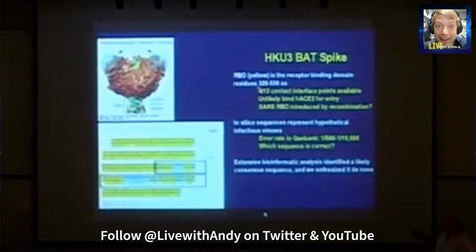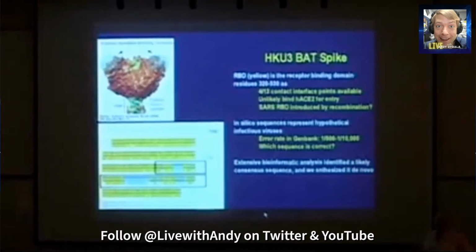In fact, only 4 of 13 contact interface residues are retained in these bat strains. So we don't think it's going to use the human ACE receptor to get into cells. We think we're going to have a tough time culturing this virus. It's also important to note that the SARS RBD has been proposed by a couple of groups to have been introduced by recombination from unknown strains that haven't yet been identified, and that led to the initial cross-species transmission events.